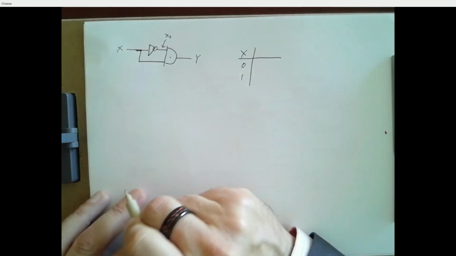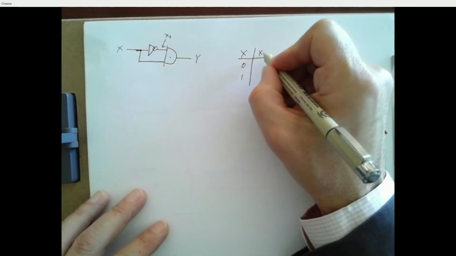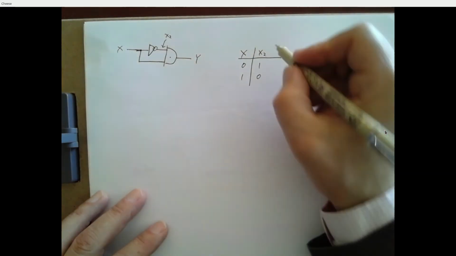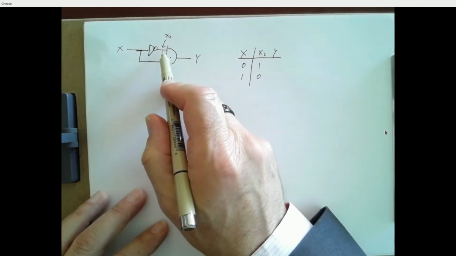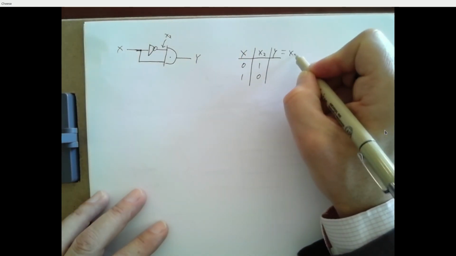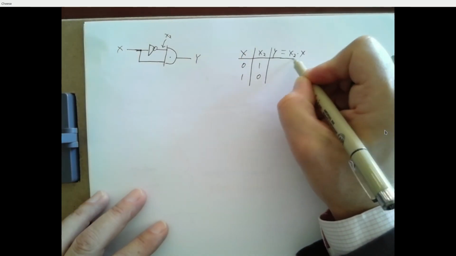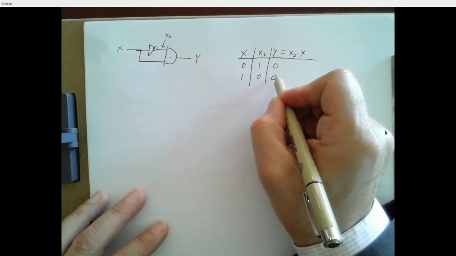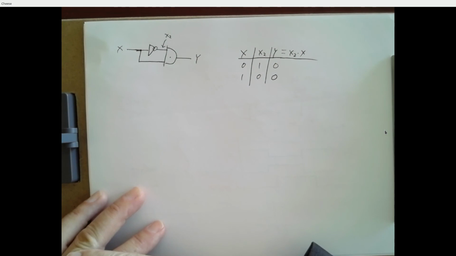So X is either a 0 or a 1. X2 is going to be a 1 or a 0. And Y is X2 ANDed with X. And 0 ANDed with 1 is 0. 1 ANDed with 0 is 0. So it looks like the output Y should always be a 0 here.